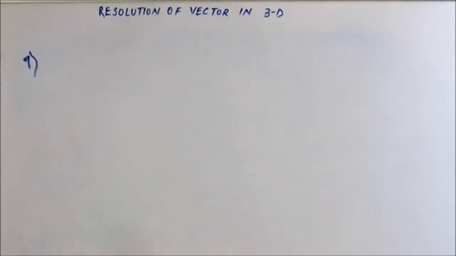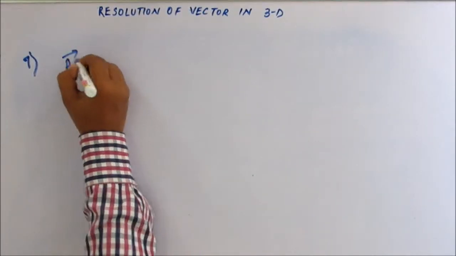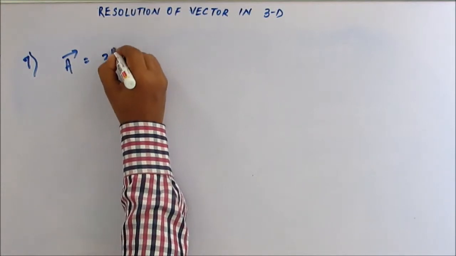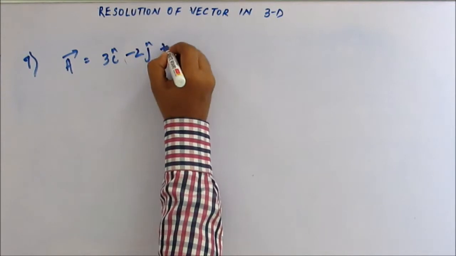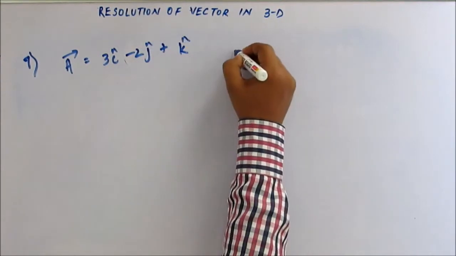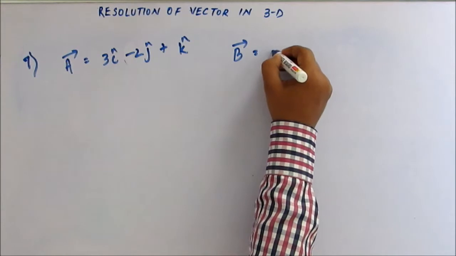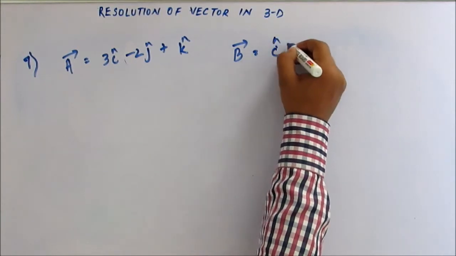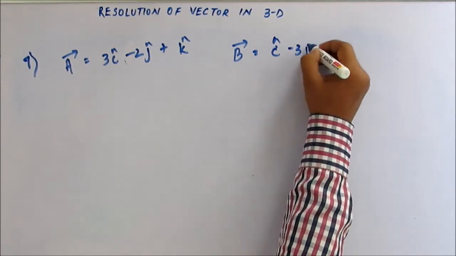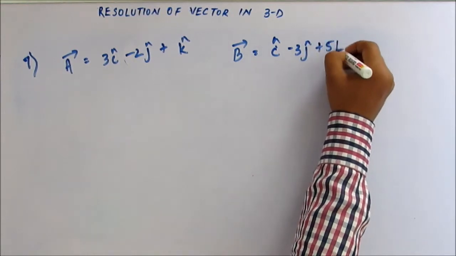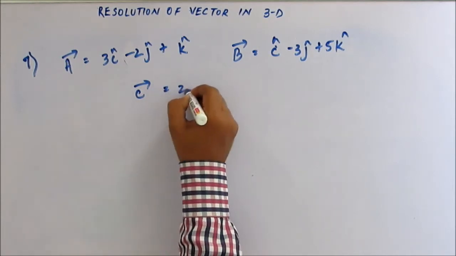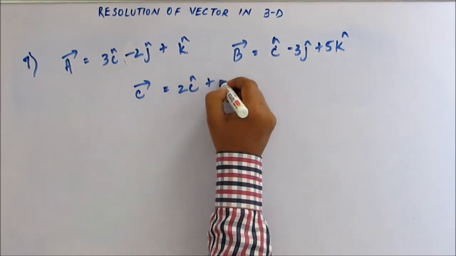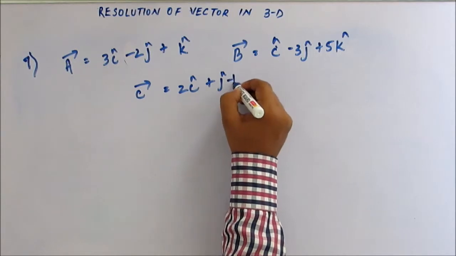Okay, question number 7. Suppose a vector a is given as 3 i cap minus 2 j cap plus k cap, and a vector b is given as i cap minus 3 j cap plus 5 k cap, and a vector c, suppose, is given as 2 i cap plus j cap minus 4 k cap.